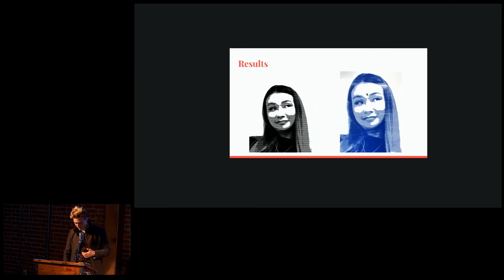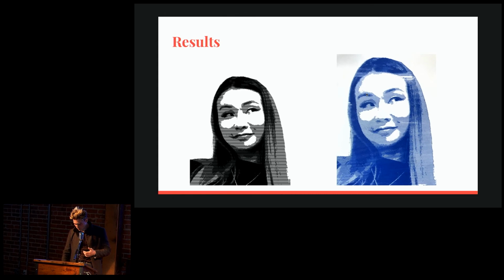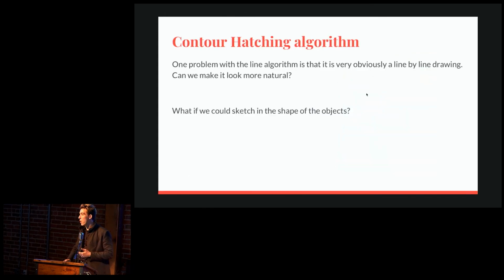You can tell this was a mechanical process that made this thing, and that's not exactly what I want. I want these things to look like they're photographs. So the premonition was, maybe if I hatch based off of the contours, it will look more like the actual photograph does.